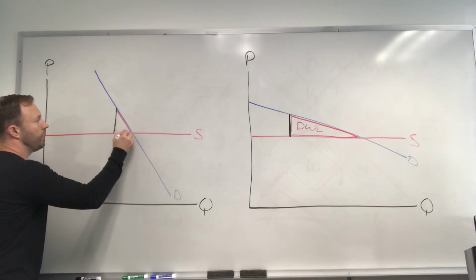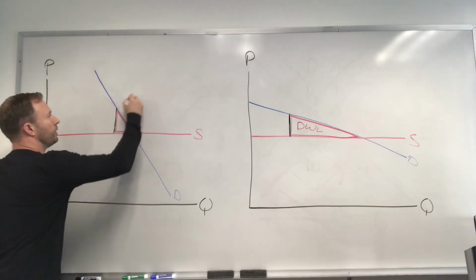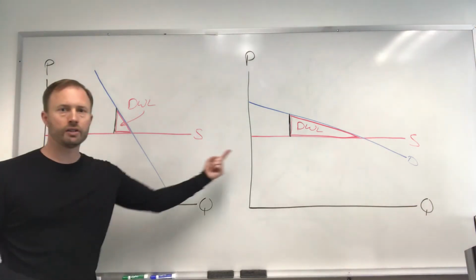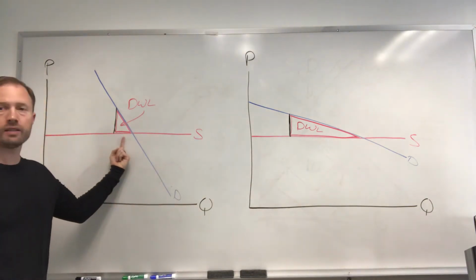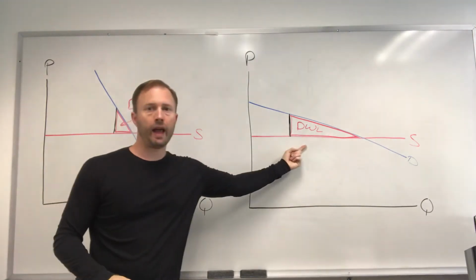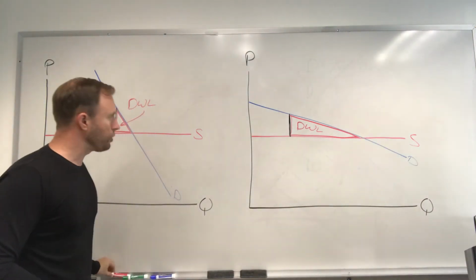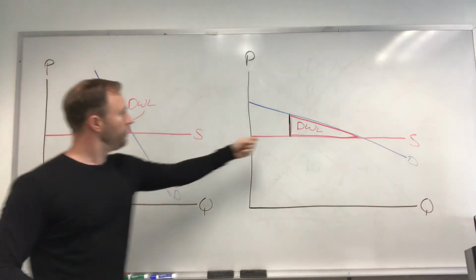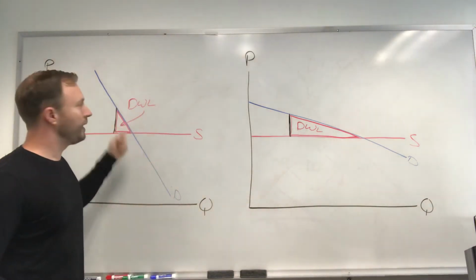That gives us a deadweight loss like so. Okay, now just eyeballing these two, it's perfectly obvious that this is the smaller deadweight loss than that. But also you can tell geometrically that, even if you couldn't look at them, that this is going to be a larger deadweight loss than that one is.